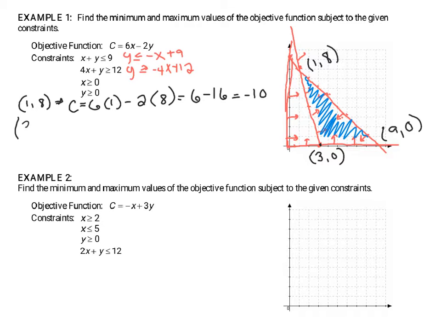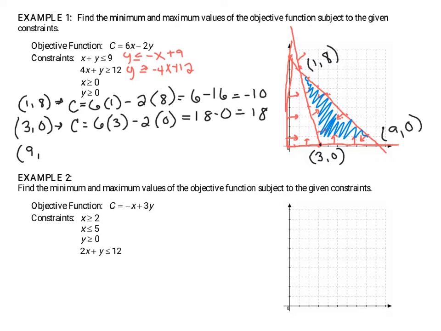Next, I'm going to check the point 3, 0. The same thing, I'm going to plug it into the objective function. So I have 6 times 3 minus 2 times 0. So I get 18 minus 0, or just 18.